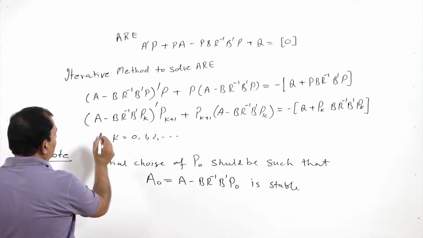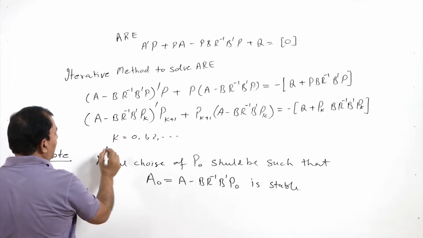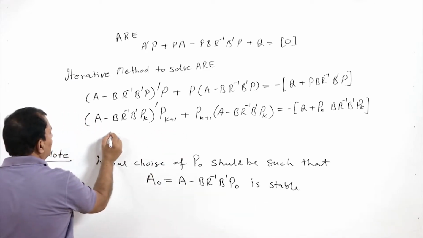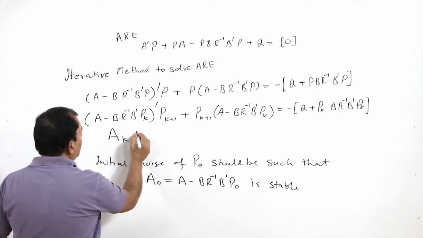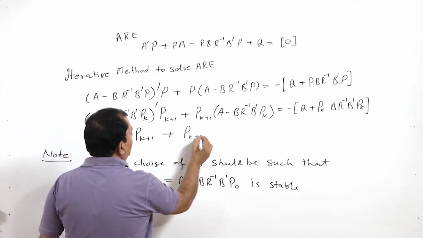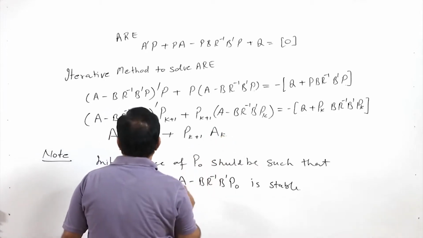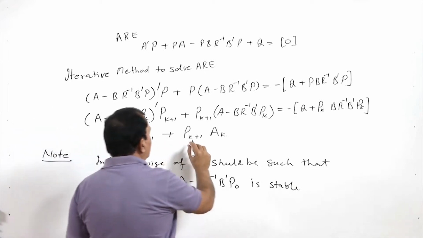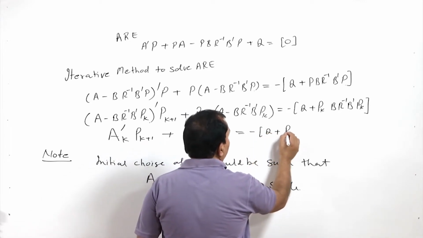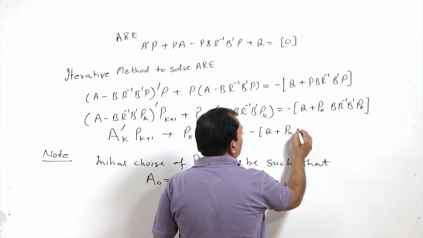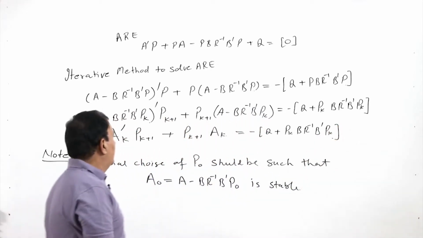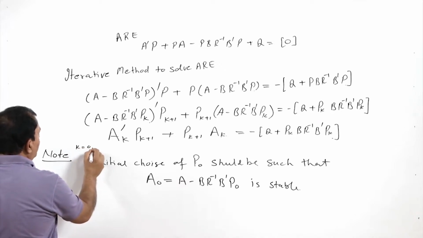So, this matrix A minus Bk I can write as AK prime Pk plus 1 plus Pk plus 1 AK as minus Q plus Pk B R inverse B prime Pk, and I start my iteration with k equal to 0.